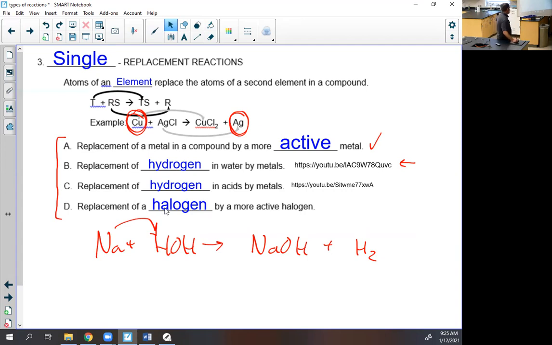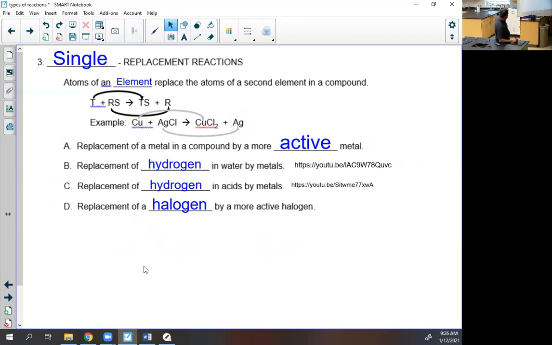And letter D, we don't see as much, but that's when a halogen replaces another halogen if it's more active. We did this in a lab a few weeks ago. We made chlorine gas, and it went around to all these blobs, and it made them change colors. Does that sound familiar? Some of them went brown, and so that meant chlorine was more reactive.